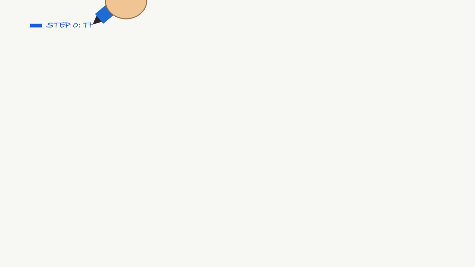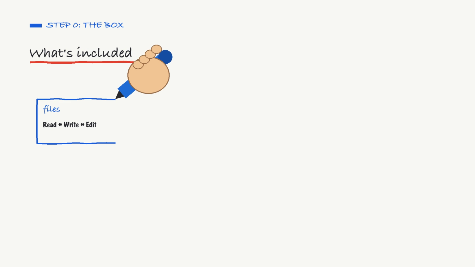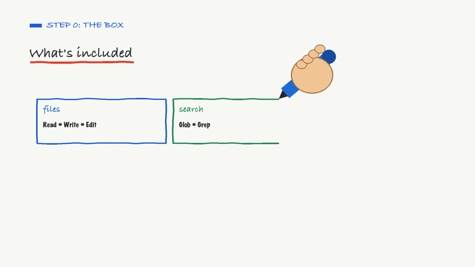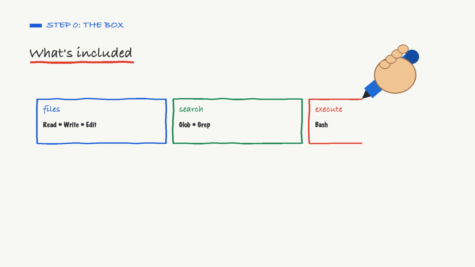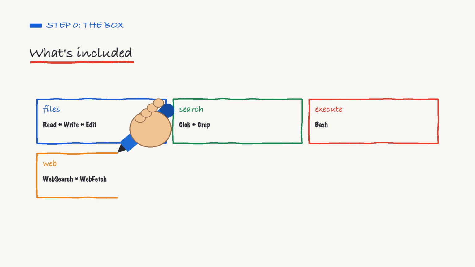Here's what you get without writing a single tool. File operations: read, write, edit. Search: Glob and Grep. Execution: Bash. Web: WebSearch and WebFetch. Orchestration: subagents and skills.